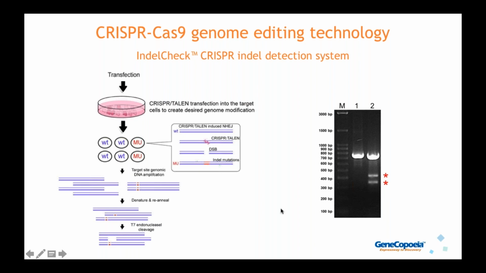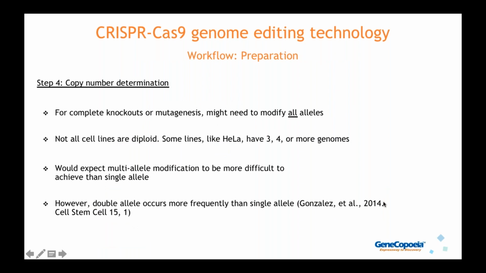And so when you do this kind of test, you can validate the function of your single guide RNAs, because sometimes in some cases you will not see this at all, or you'll see some cases where some single guide RNAs give a stronger band formation than others.